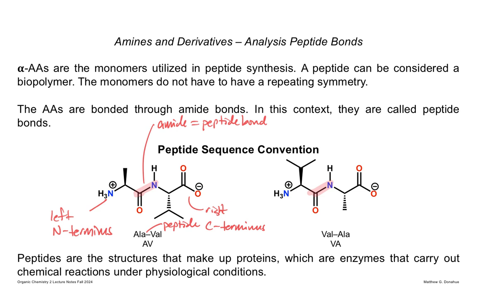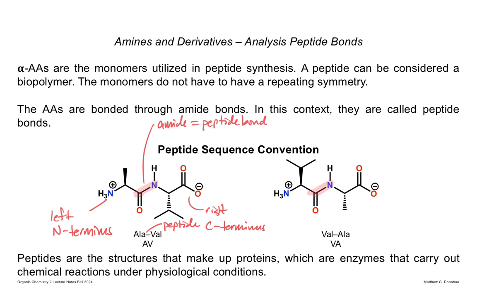What I want you to imagine is, okay, now you have an N number of amino acids. One end is going to be the N terminus, and the other end is going to be the C terminus, followed by everything in between. Peptides are structures that make up proteins. So you get this long amino acid chain. Eventually, it's going to start doing things conformationally, folding back on itself, forming hydrogen bonds.